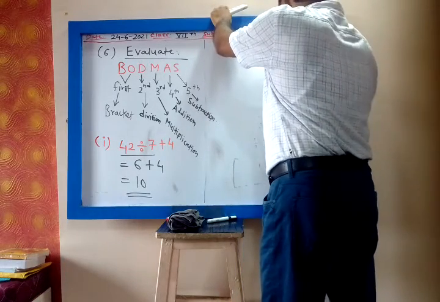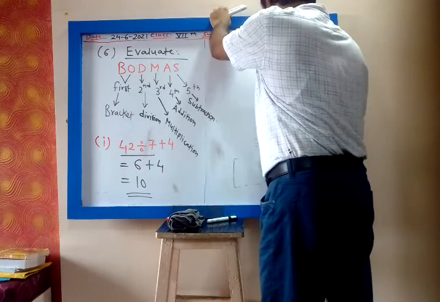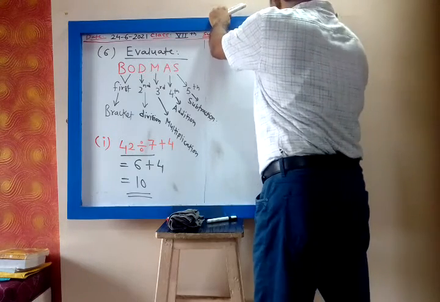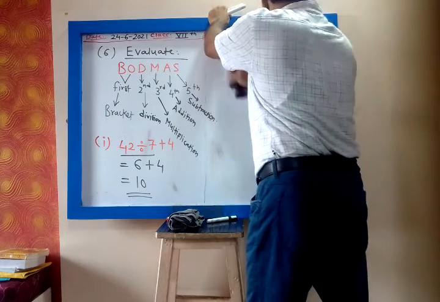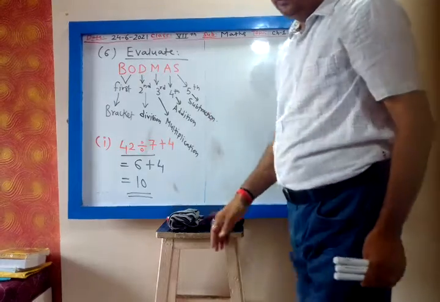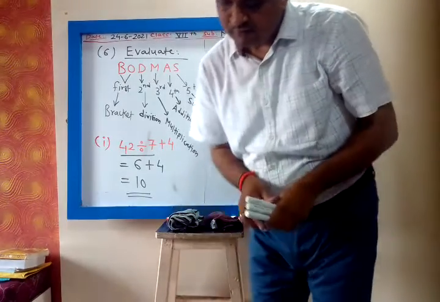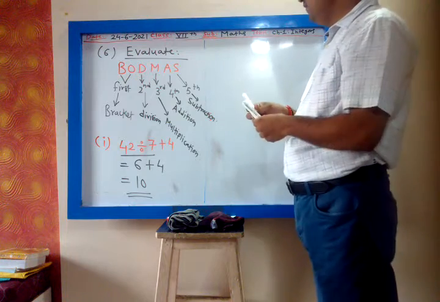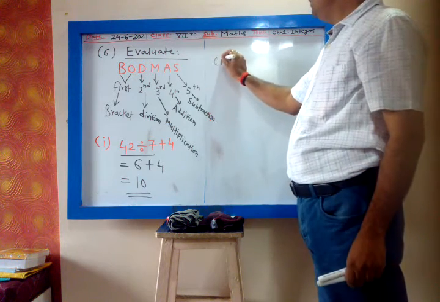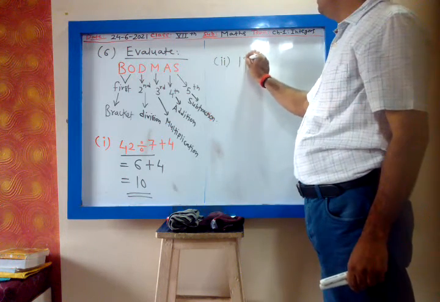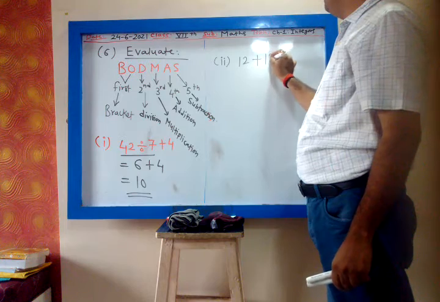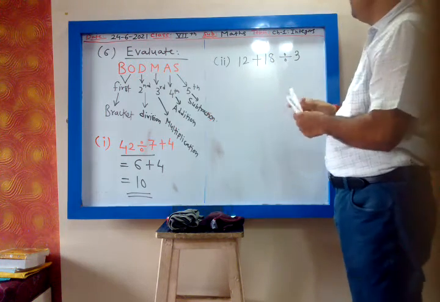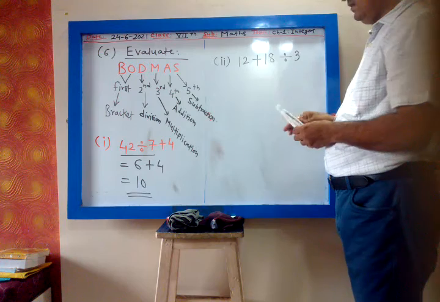Okay, now next, second question. Let us solve the second question. 12 plus 18 divided by 3. Which will you perform first? First you will perform division.